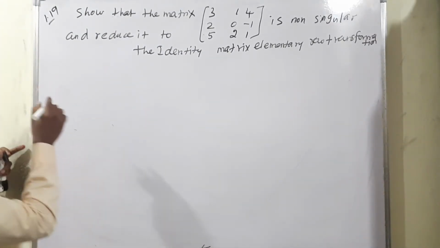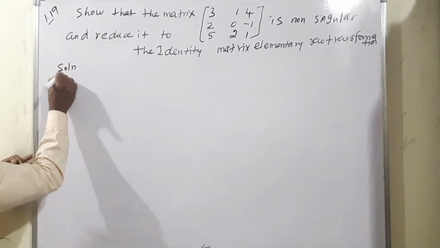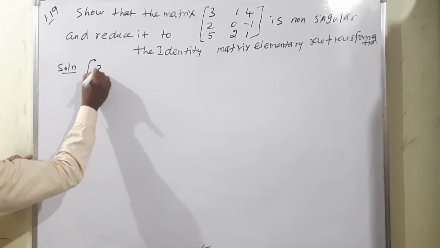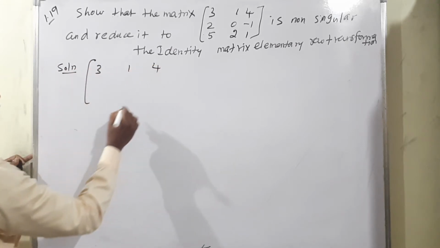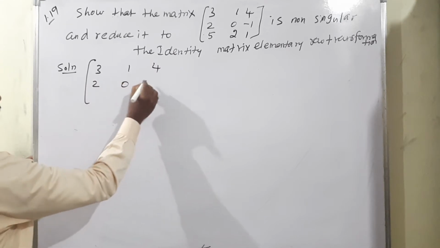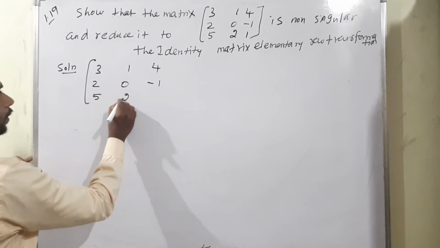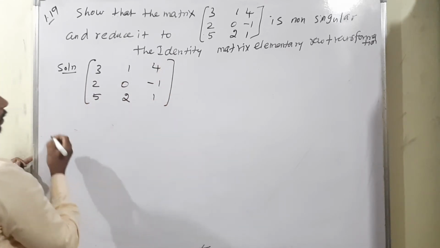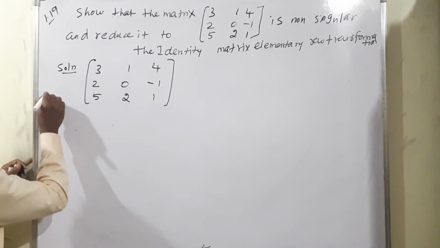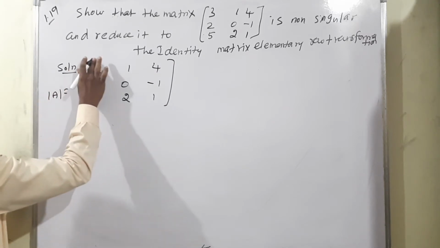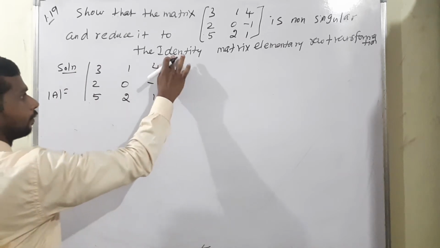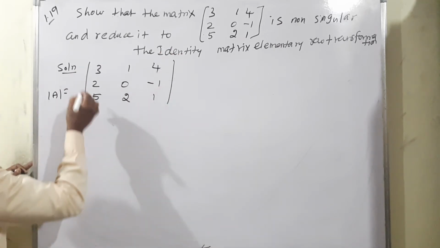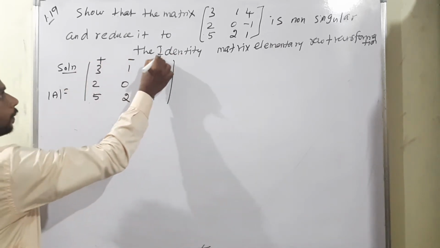First one, the given matrix solution: 3, 1, 4, then 2, 0, minus 1, 5, 2, 1. This is called determinant A, so the set will be considered for the determinant term. Now the determinant term uses plus, minus, plus sign conversion.